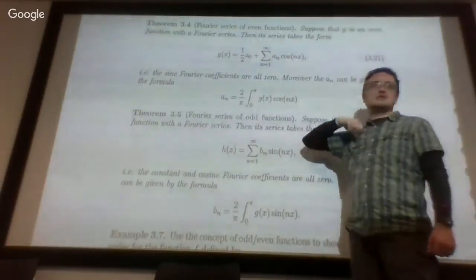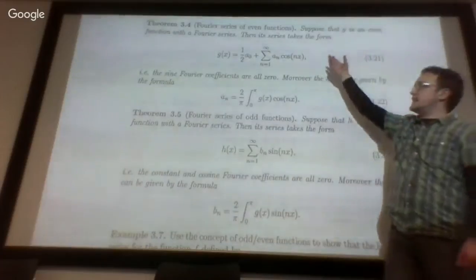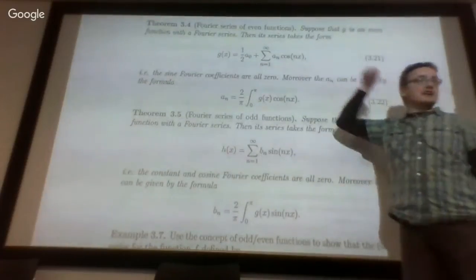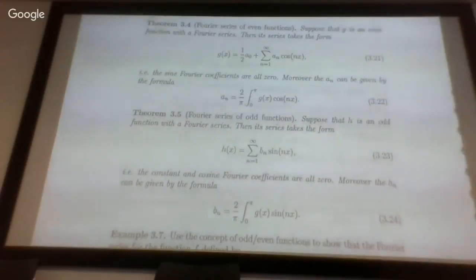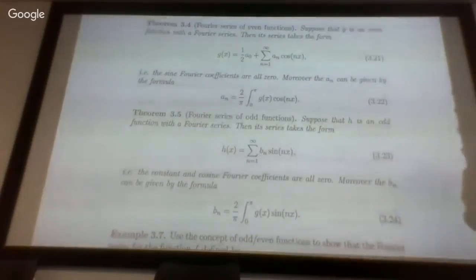This isn't so crucial here, but the main result is that we just get a cosine series. So that object in 3.21 there, we call a cosine series. It's a series of functions, but we only see the cosine functions. And we're making a constant function an honorary cosine for that purpose: it's cosine of 0 times x.